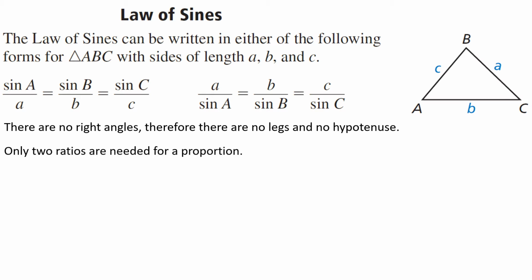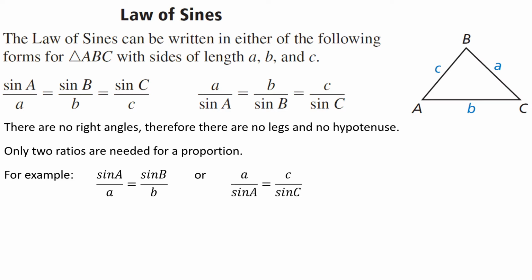Now, I only need two ratios for a proportion. So if you're looking at those like, how am I going to solve an equation that has three pieces? We're only going to work with two at a time. So maybe I know three of those pieces and I can find the fourth piece.